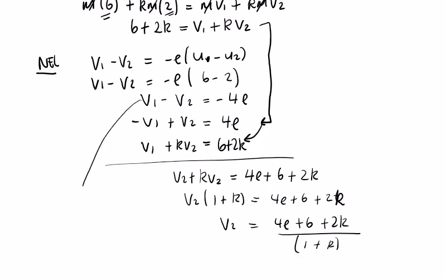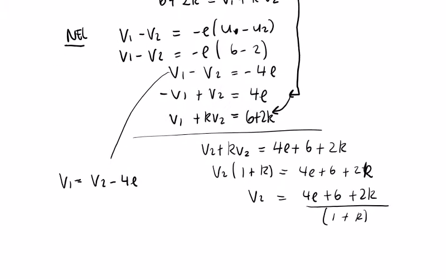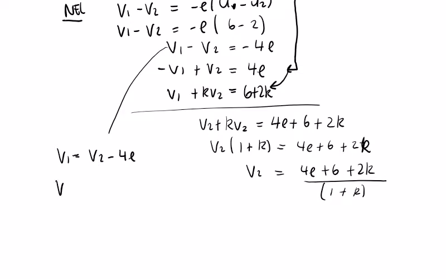Using this equation here, what's v1 equal to? It's equal to v2 minus 4e. So v1 is equal to 4e plus 6 plus 2k, all divided by 1 plus k, minus 4e.